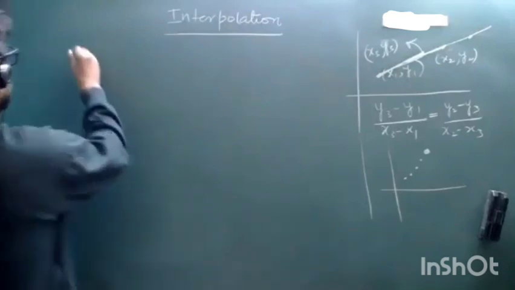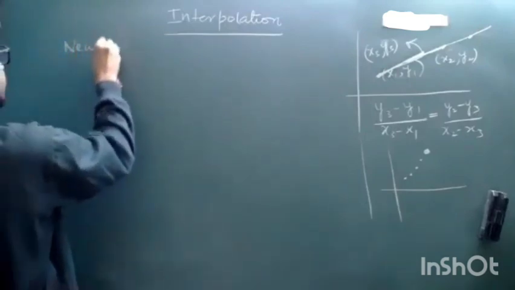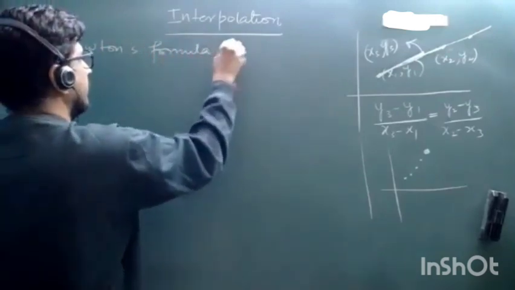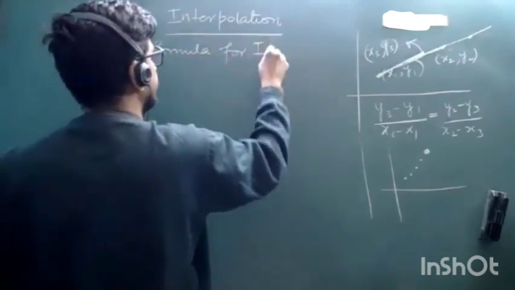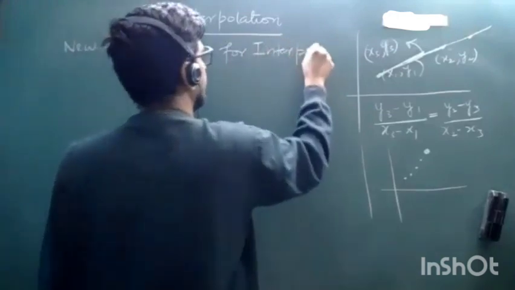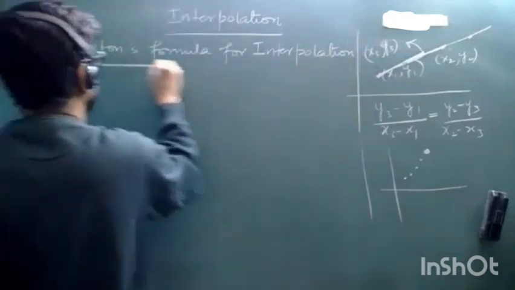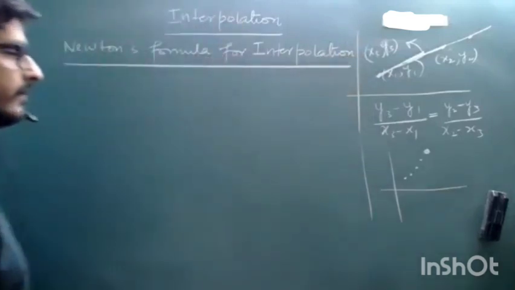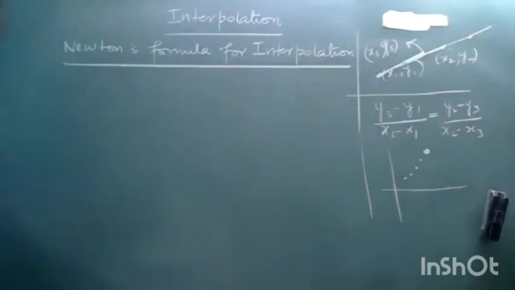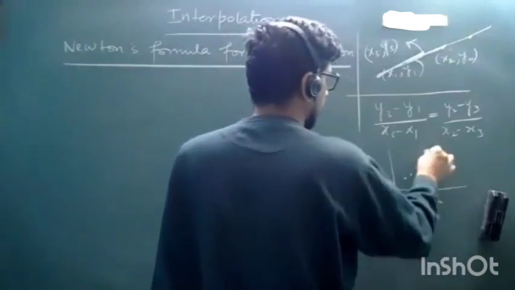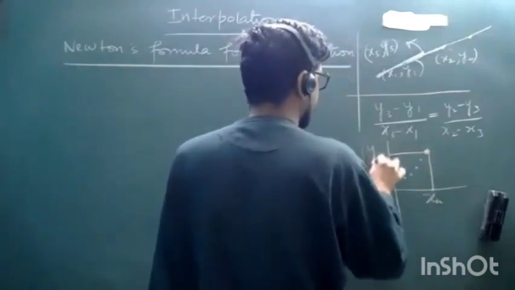Newton's formula for interpolation. Okay. So what is Newton's formula for interpolation? We will consider that the unknown point is at some xn and the value here is some yn.